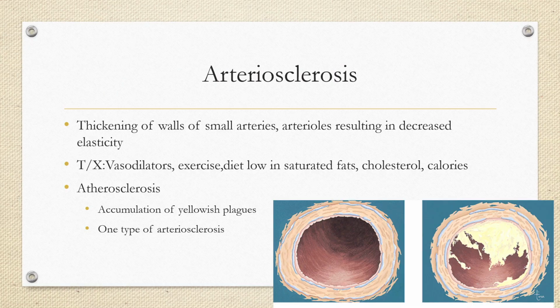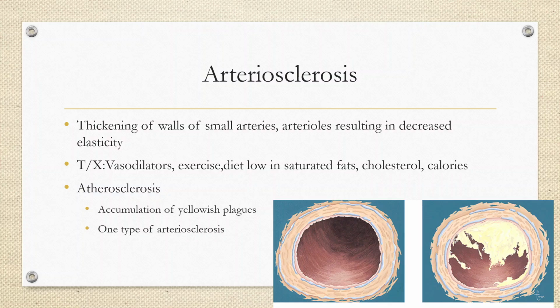Some of the blood vessel diseases that you might see: arteriosclerosis is going to be similar to atherosclerosis that we already talked about. So we have this thickening of the small arteries and the arterioles, which decreases the elasticity, which is also a problem of impeding the blood supply through that area.